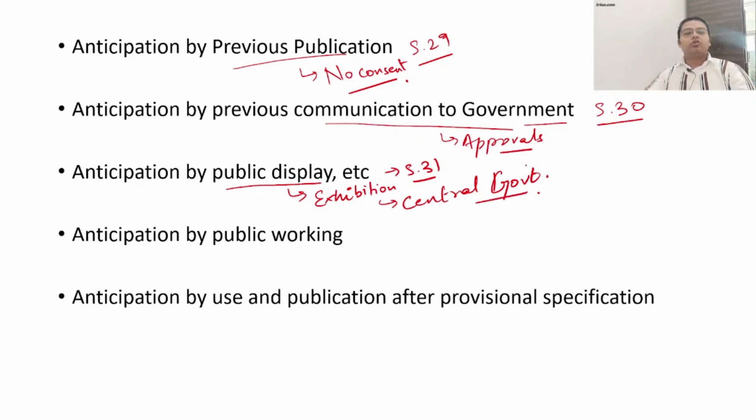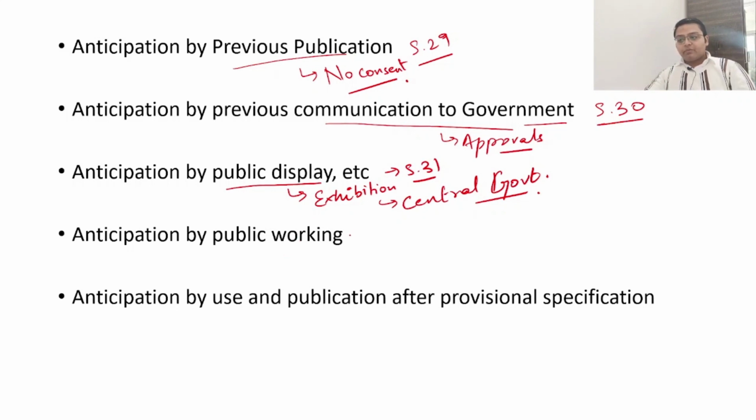So that would not be an anticipation. Furthermore, any use of the invention during the tenure of that particular exhibition would not be an anticipation. Display of your invention before learned people would not be an anticipation. Any reports which are made because of this display would not be an anticipation.